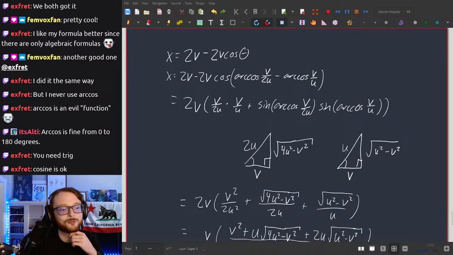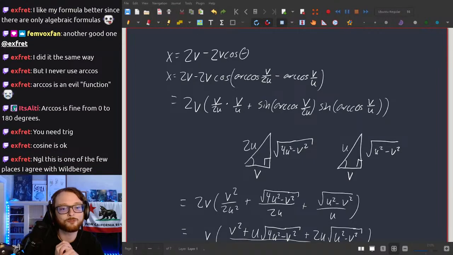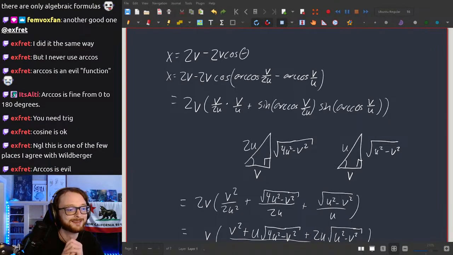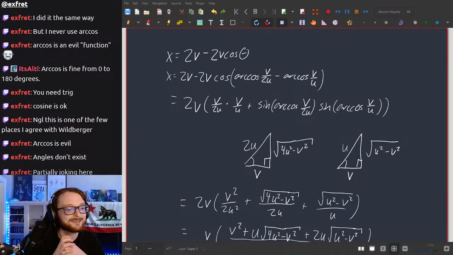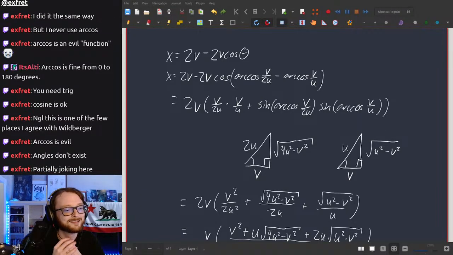Cosine is... Oh, you just don't like arc cosine. Yeah, I was just getting confused with... I took the arc tangent of something the other day, and I cannot for life of me figure out how to get it into quadrant 2. Arc cosine is evil, angles don't exist.